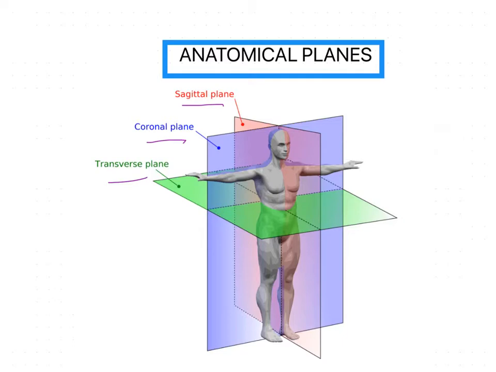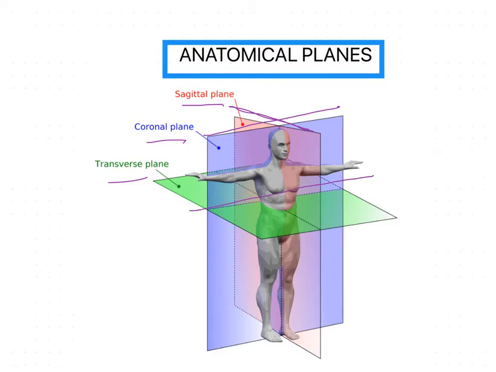This sagittal plane is present from anterior to posterior, and this coronal plane from sideways, and this transverse plane is present at the center of the body.